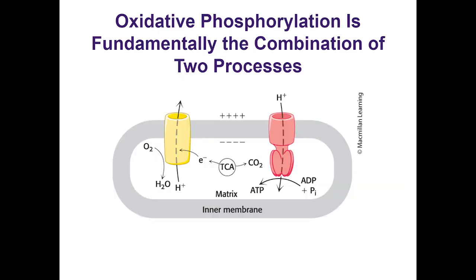But so this right here, oxidative phosphorylation, is going to be fundamentally the combination of two processes. We're going to have the pumping of the H+ to build up an electromotive force. Okay? Or another way of saying that is to build up potential on one side, right? And then we're going to have that potential, which is going to drive our water wheel, we decided?